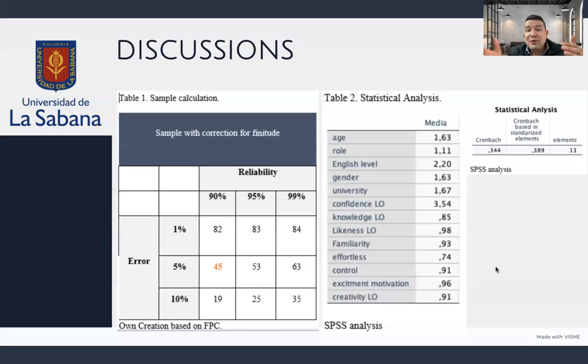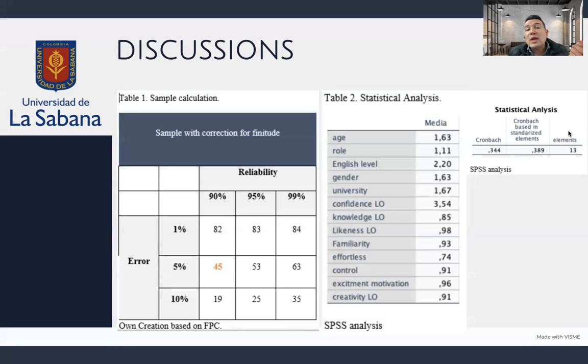So here we can find in this second image some of the scores, taking into account the answers of the sample related to the items that we were asking in the user experience questionnaire through the instrument. So we see that the lowest score is related to the level of effort that they have to place in the learning objects, and the greatest one with how much they like the product.